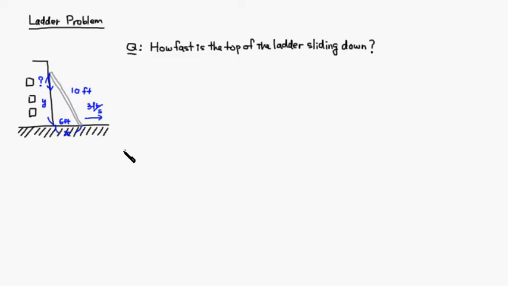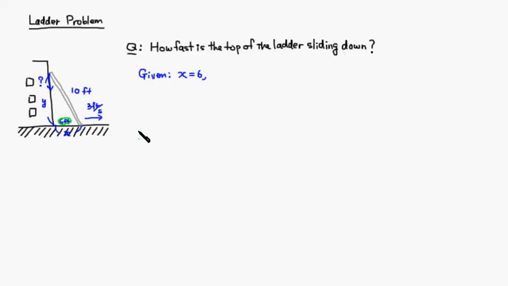Then we can identify everything that's given. First, 10 feet is given, and x is 6 feet when we're looking for how fast the top of the ladder is sliding down. So let's write down what's given. We know that x is 6, so we already used this information.